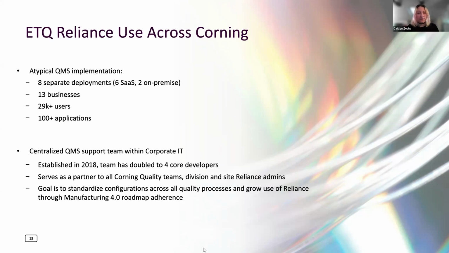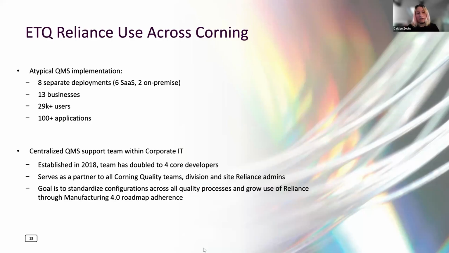Within those 8 deployments, we have 6 that are cloud-based, so they are SaaS, software as a service, and we have 2 that are still on-premise. And across those 8 deployments, we have 13 different businesses or groups that are operating within them. So some divisions, some businesses have their own exclusive deployment of Reliance. Some are shared. And about half of our employees within Corning, so 29,000 plus users, are in ETQ Reliance on a regular basis, engaging with documents, quality-related processes, CAPA, change management.